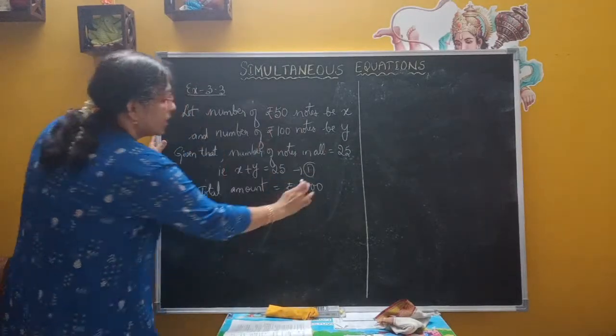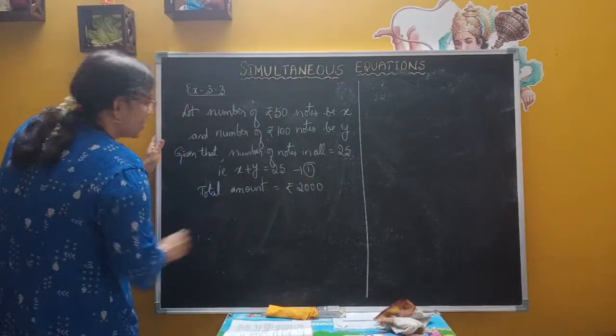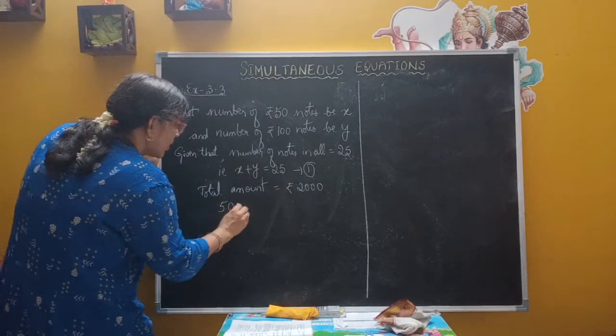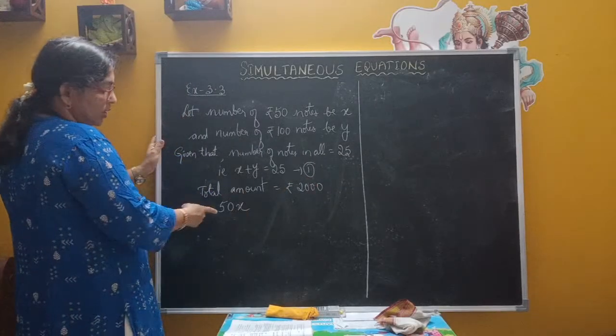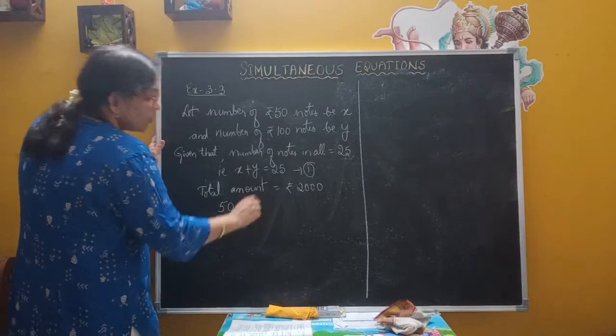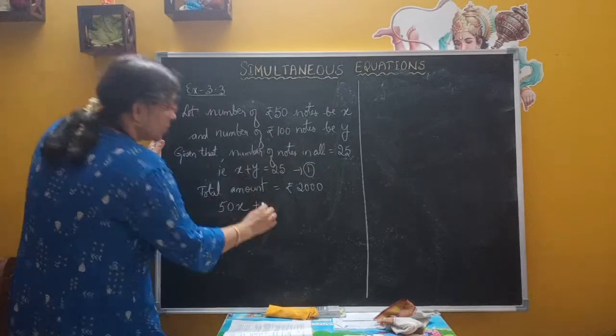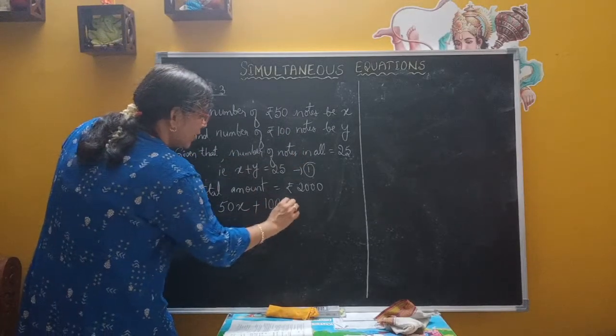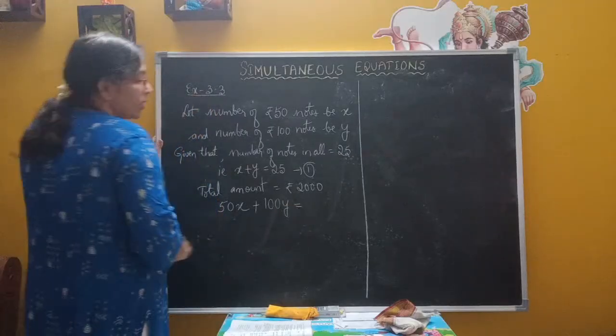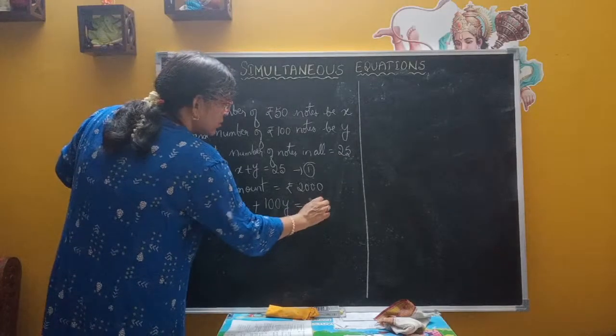So we can write 50x plus Y number of 100 rupees notes, that is 100 into Y, is equal to how much? Total is 2000 rupees.